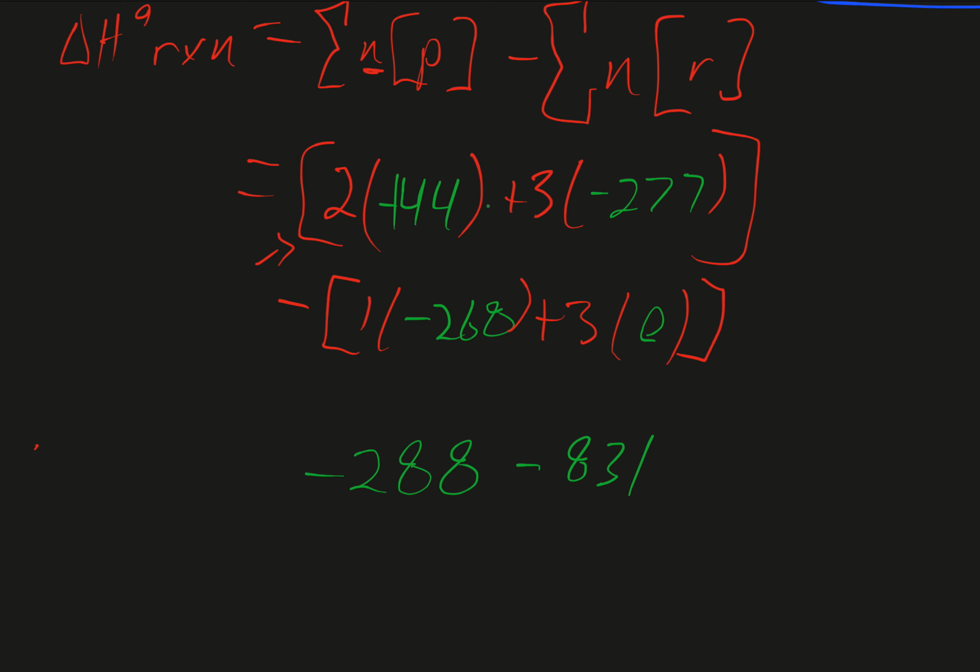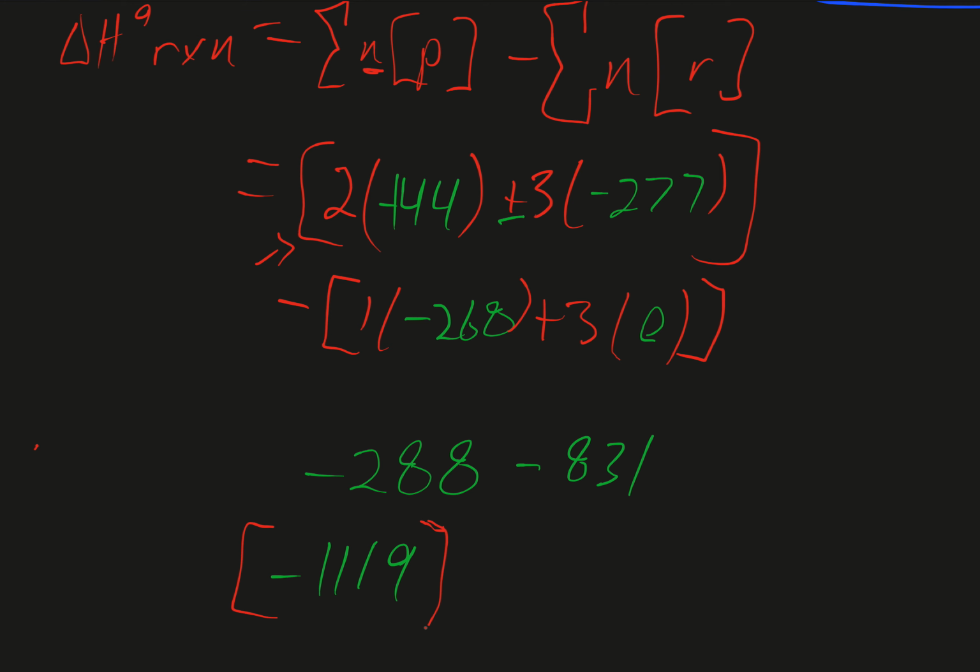And so this plus sign here is going to turn into a negative or a minus sign. And when we subtract these two numbers, we're going to get a total of negative 1,119, right?